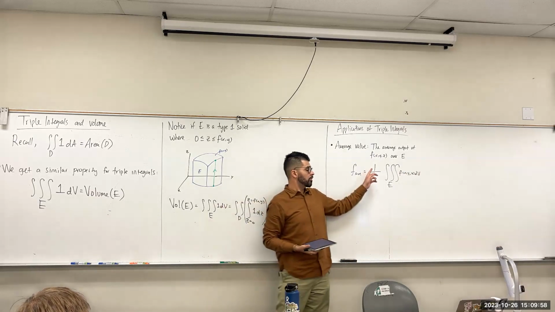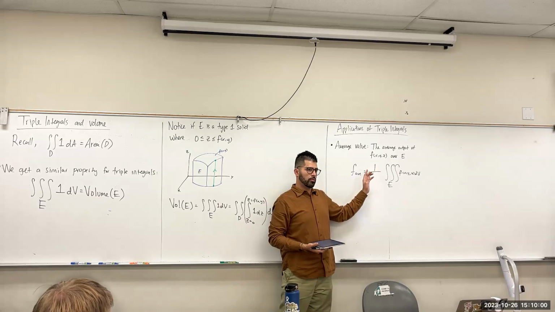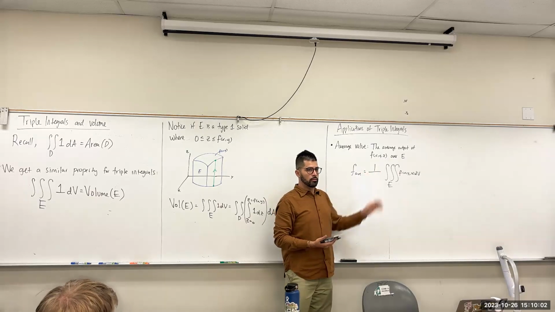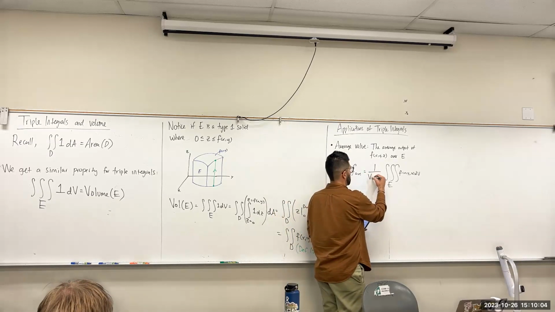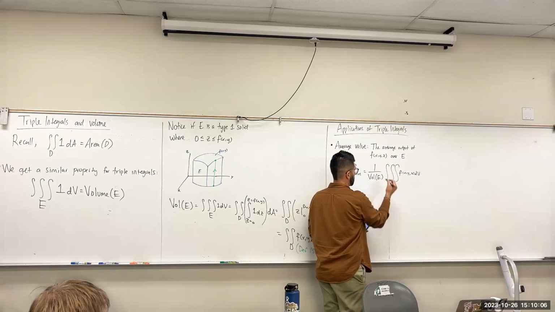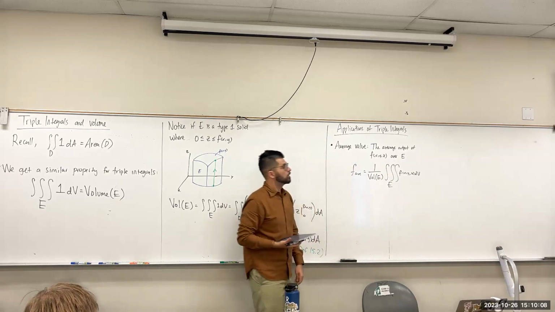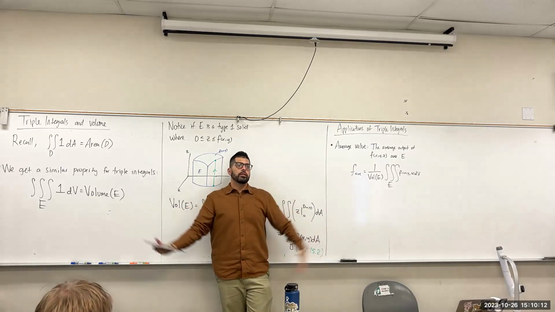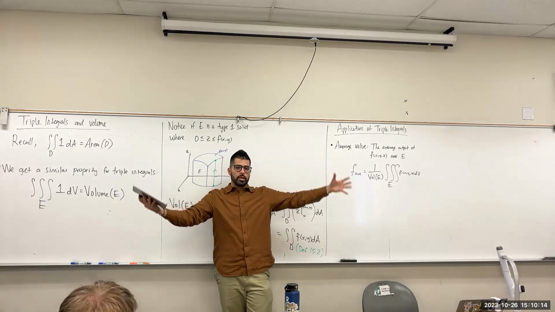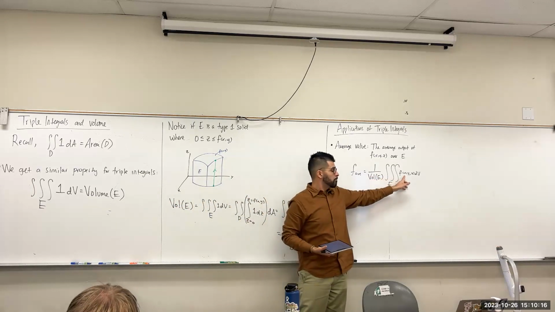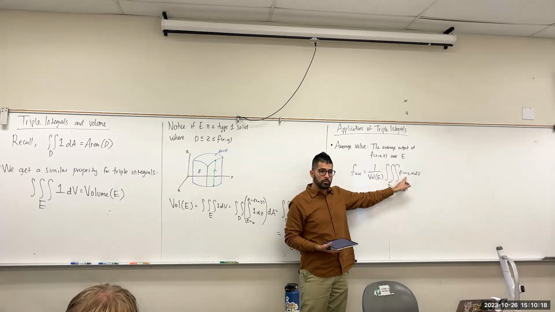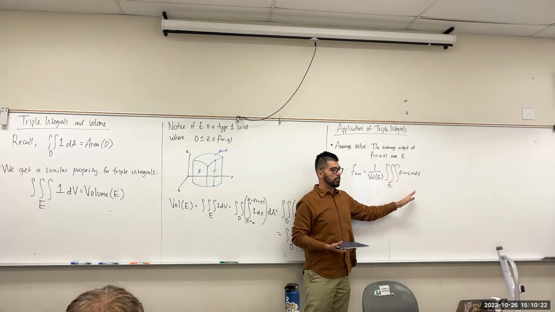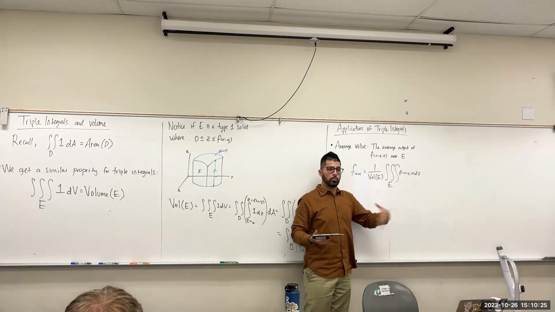We were doing 1 over the area, but now what do you think we're going to do since we're dealing with a solid? Volume. So like you have some solid and you plug in points from that solid and it gives you temperature. Let's go back to temperature. Doing this will give you the average temperature throughout the entire solid.